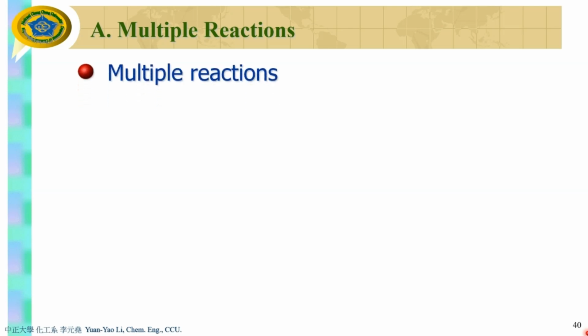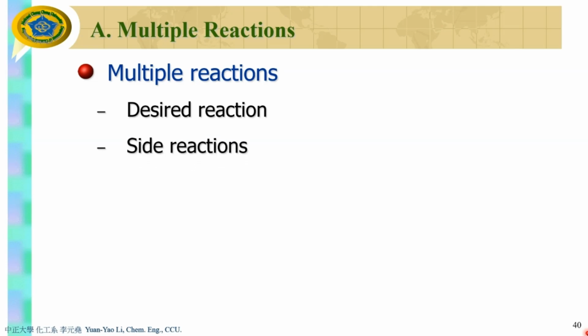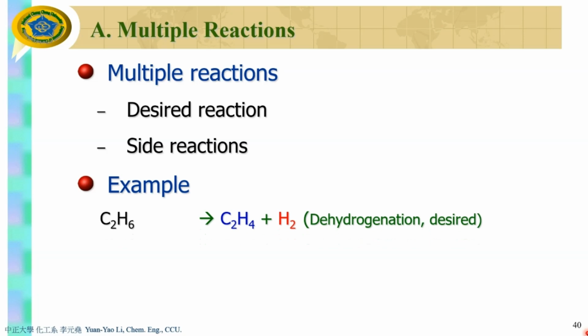With multiple reactions, normally you will have a desired reaction, the one you want, and others are all called side reactions. Side reactions produce products that you don't like. Here is an example: after cracking of C2H6, you produce C2H4 together with hydrogen.